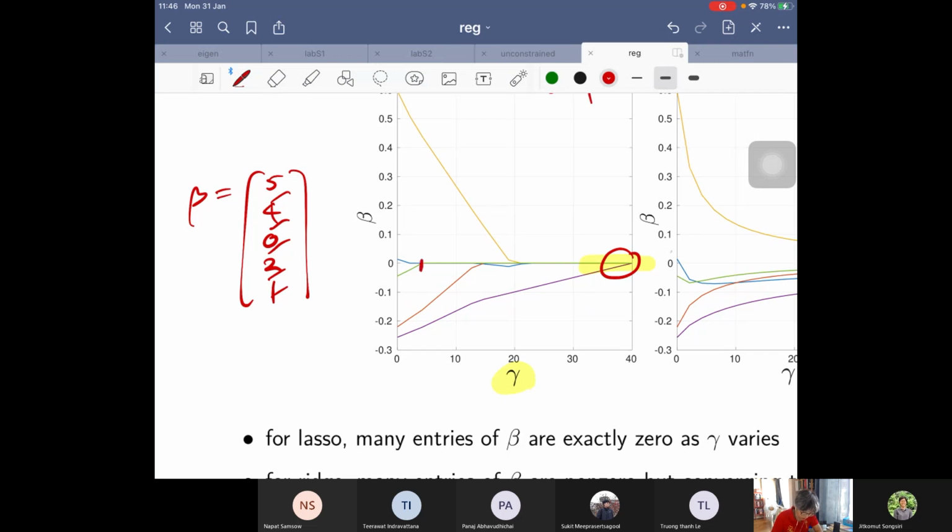At this point, when gamma is this small, gamma 1, some of the entries are already 0, but these ones are still non-zero. And when gamma keeps increasing, of course, more entries will be 0. Some of them can become non-zero again if you look at this graph.